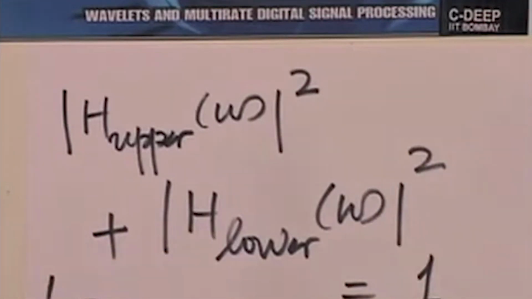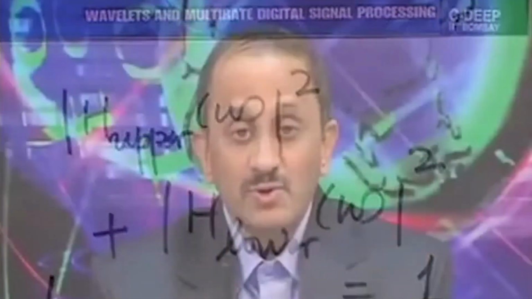A very, very interesting result. The Haar analysis filter bank is both magnitude complementary and power complementary. In fact, I leave it to you to study the synthesis filter bank and come to a similar conclusion. The filters are magnitude complementary and power complementary. Whatever it be, this is something striking. Now, you see what I mean when I said the filters have individual properties and collective properties. Magnitude complementarity and power complementarity are collective properties.